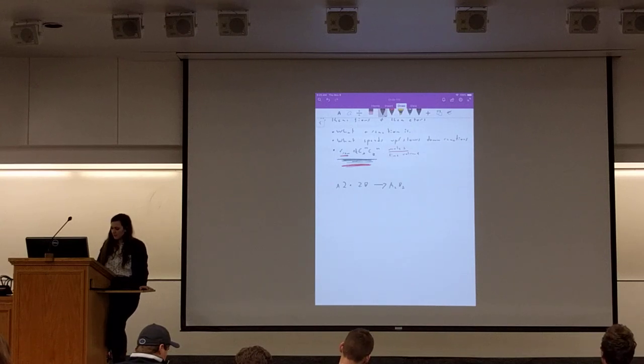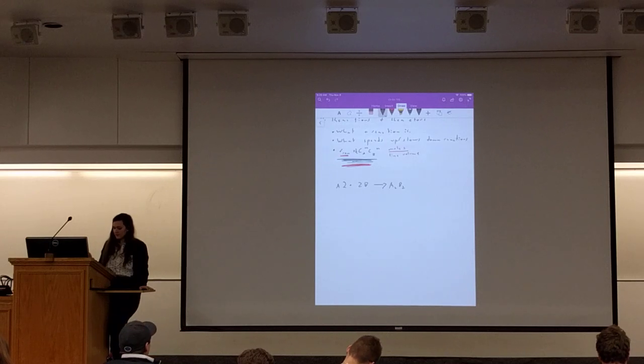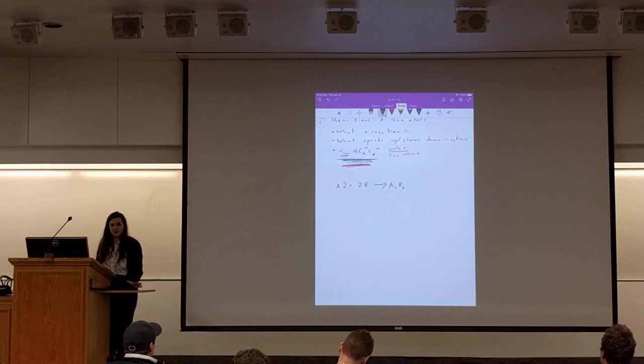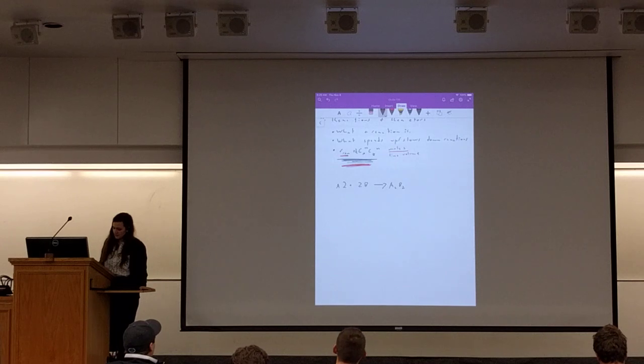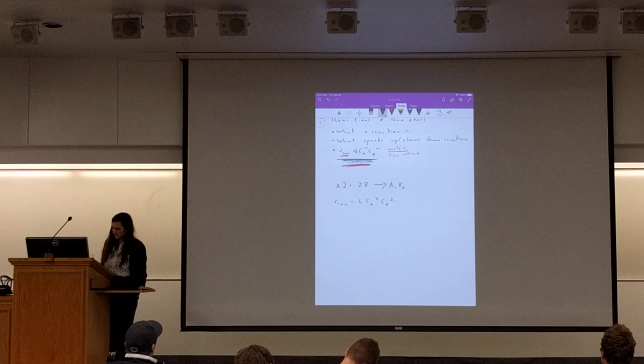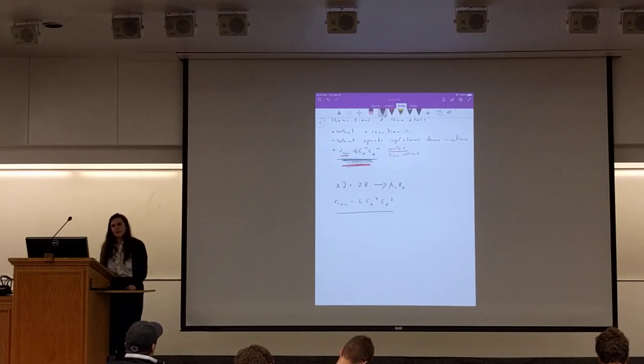Okay, and let's say this is an elementary reaction, which means that, we didn't talk a little bit about that, but let's say that the reaction rate is this. Okay, so that's very much something that could happen. So how does this change what we've done?